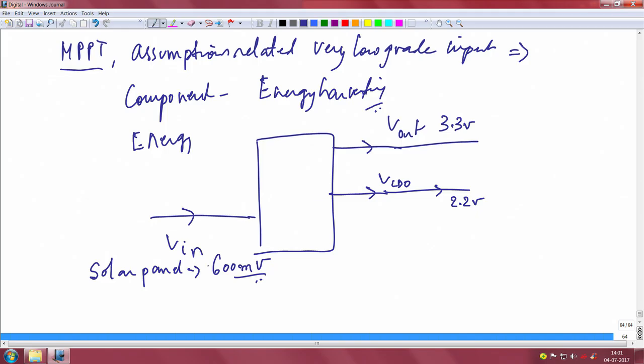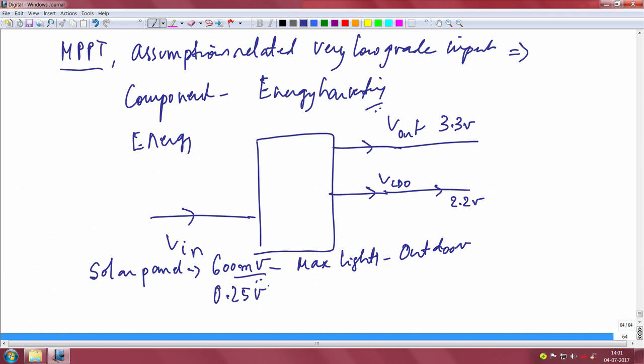This is the maximum lighting condition, outdoor, right, and it may give even up to about 250 millivolt, just for completeness.